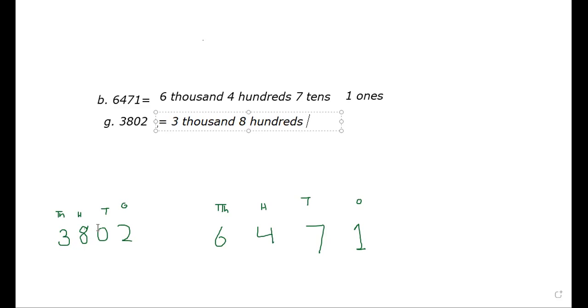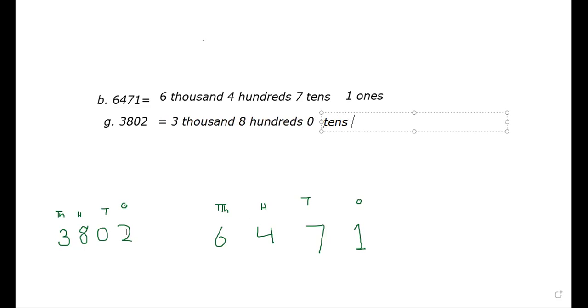Now the turn of this digit 0, and it is standing on the tens place. We cannot miss it. We have to write it. So how many tens do we have? 0 tens. So I will write 0 tens.